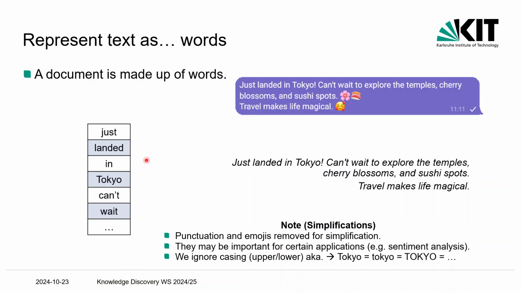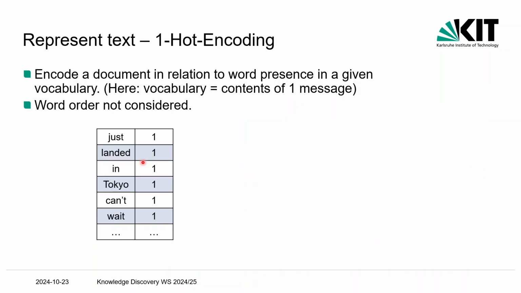We have all the different words that appear in our document, and we want to somehow represent our document. For each entry here, we just have a 0 or a 1, but since we created it all from our document, there will be a 1 in every spot.